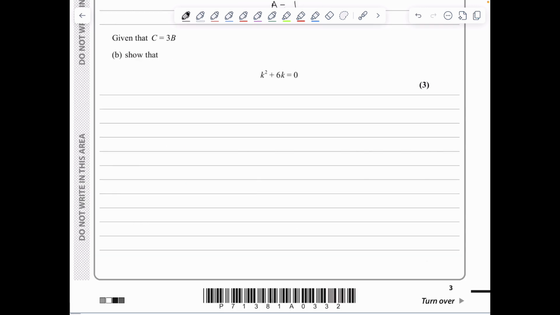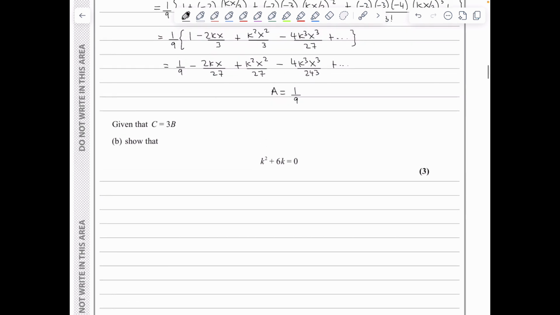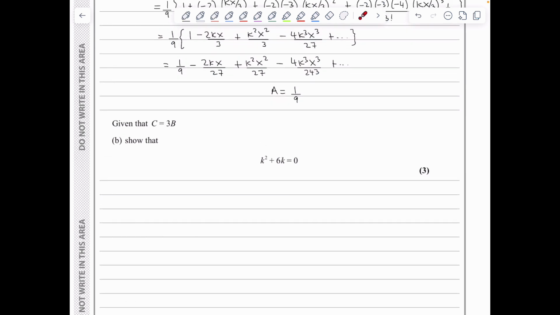Now, given that c is equal to 3b, we need to show that k² + 6k is equal to 0. Well, b is the coefficient of x, and we can see from the expansion we obtained that this is -2k/27. So let me write b is equal to -2k/27. c is the coefficient of x², so c is equal to k²/27.